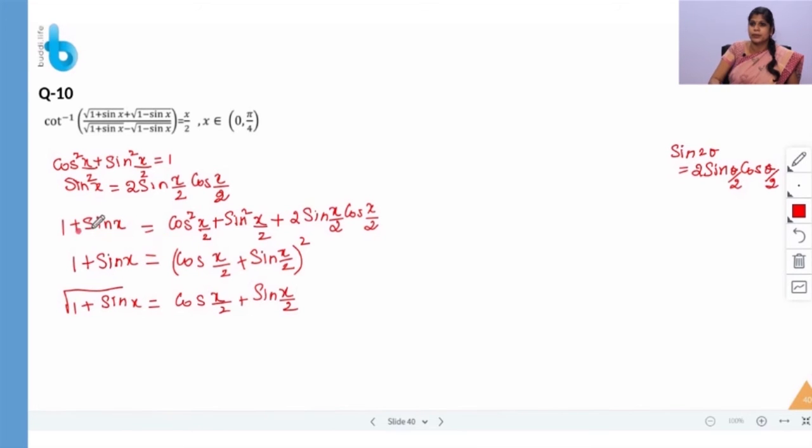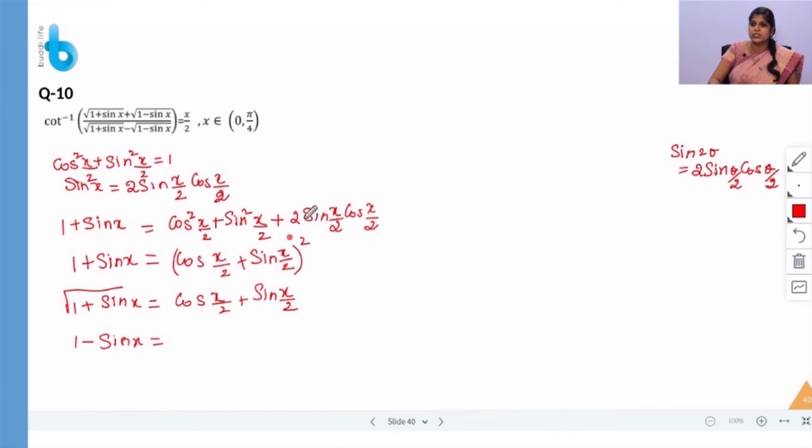Now you see we have 1 minus sin x. So 1 minus sin x will be, here we will have minus 2 sin x by 2 cos x by 2. Same thing. Instead of 1 we will substitute cos square theta plus sin square theta, and instead of this plus we have minus, and instead of sin x we are going to substitute this value.